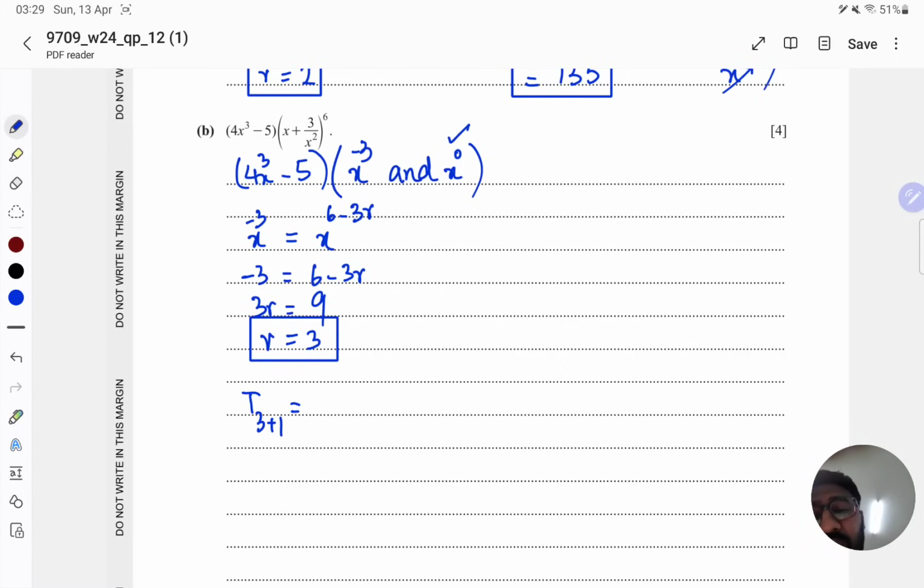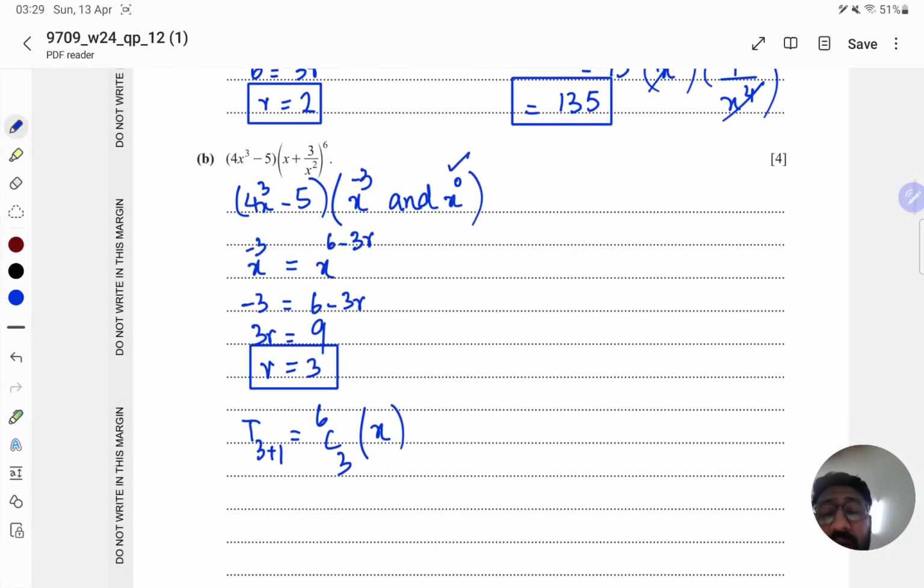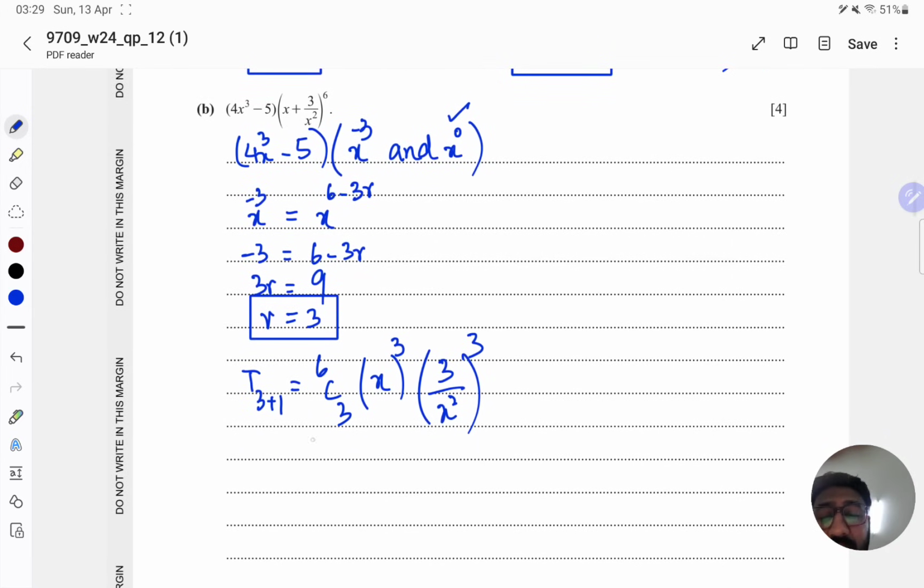So term number 4, 6c3, because the value of r is 3, x power 6 minus 3, which is 3, 3 divided by x square whole power 3, the value of r.